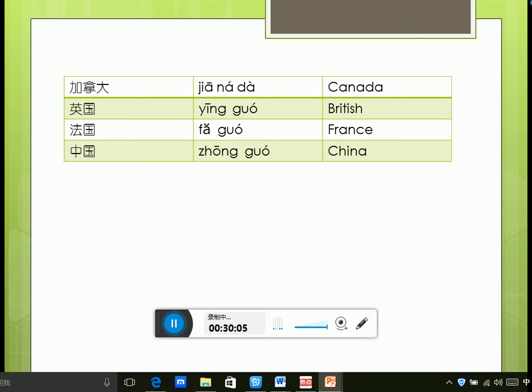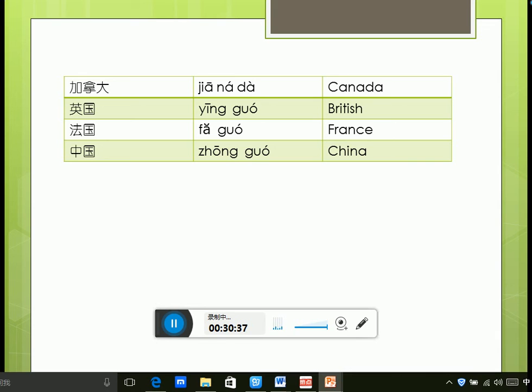Okay. 加拿大. We should be careful when we mention 加拿大, it means Canada. It's the name of a nation, but we don't add the word 国 after 加拿大, because 加拿大 is itself three characters combined together.